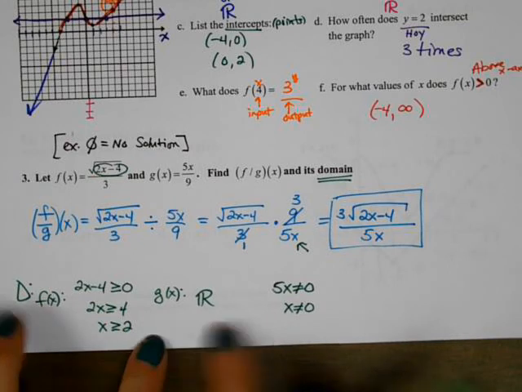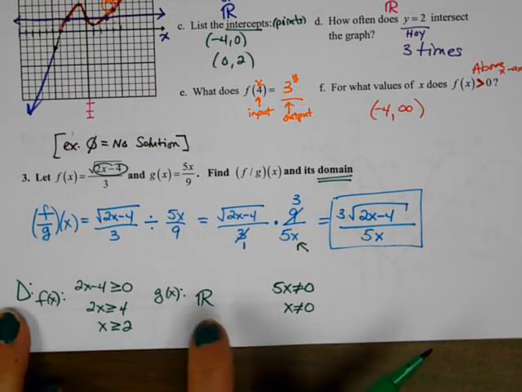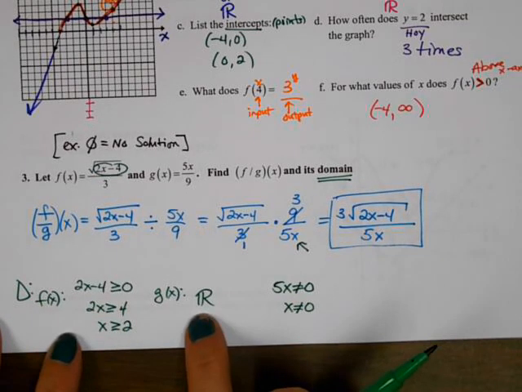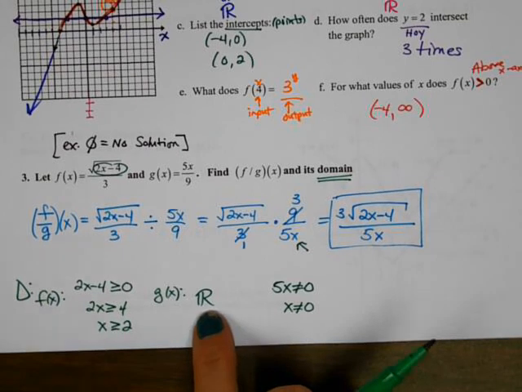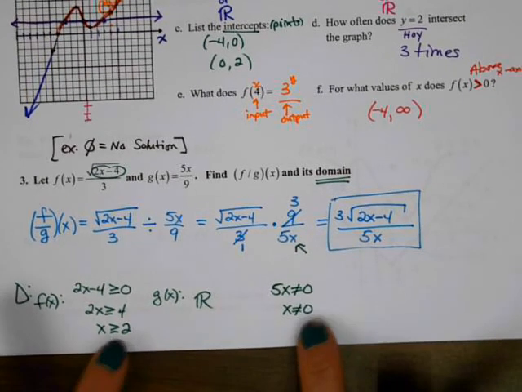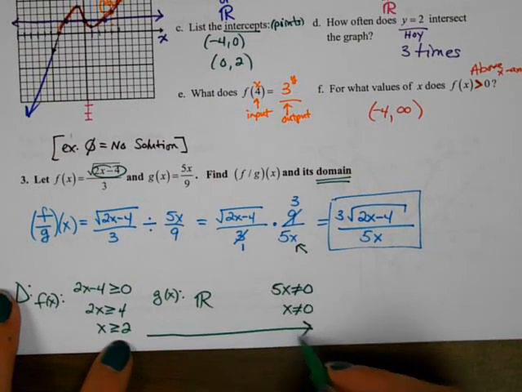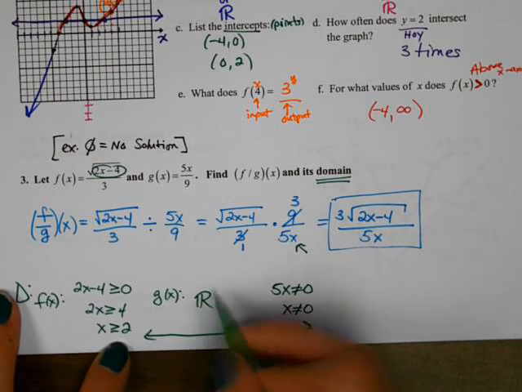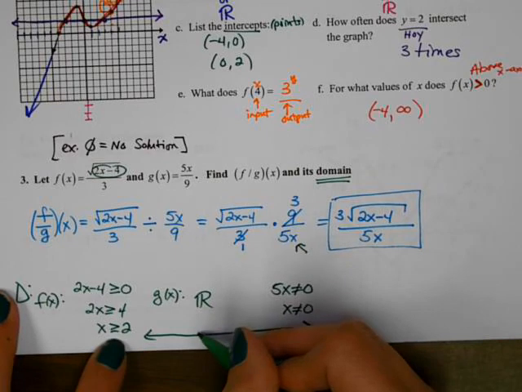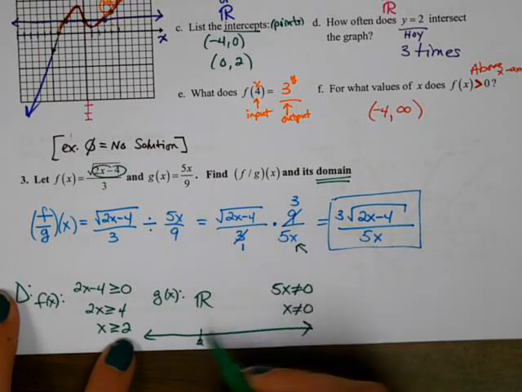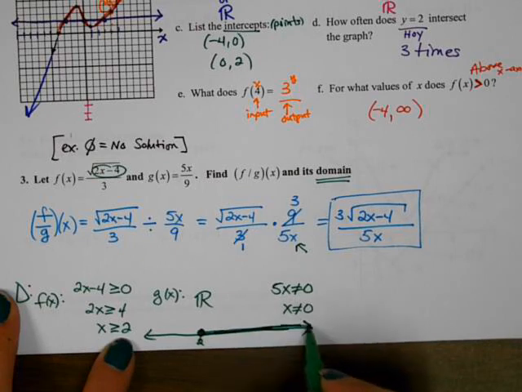Now I have to figure out who I'm going to listen to. I'm not going to listen to g of x. I know he will allow everyone, but these other guys have a problem. So am I going to use all reals? Certainly not g. Sorry, can't listen to you. F says take numbers that are 2 or more, and I'll work with all these numbers 2, 3, 4, 5.